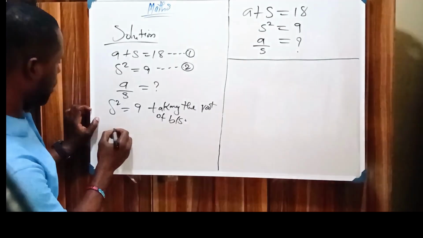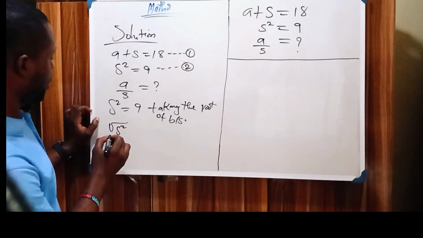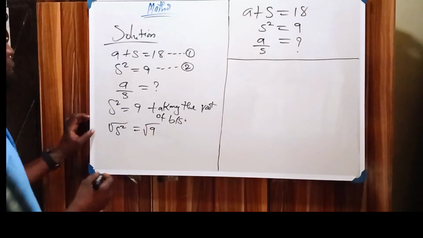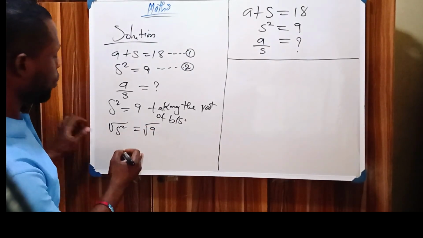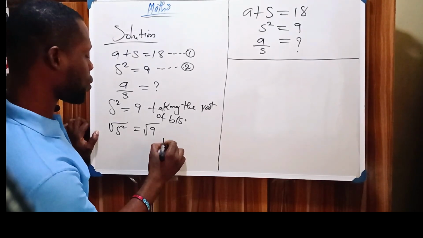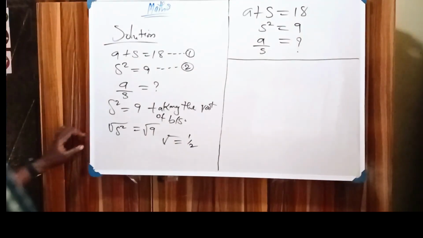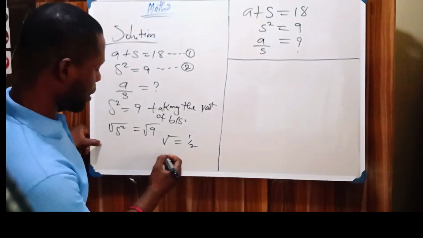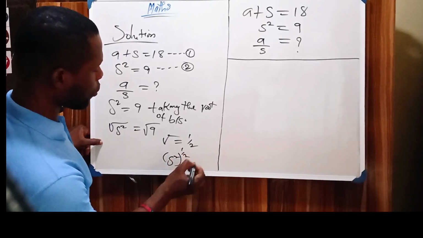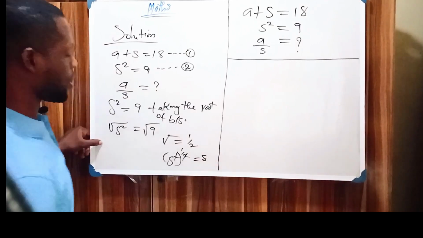So if we do that, we are going to have the square root of s squared equal to the square root of 9. Now, you know that in indices, the square root is the same as the power of 1 over 2. So s squared raised to 1 over 2, the 2s can cancel out and we are left with just s.